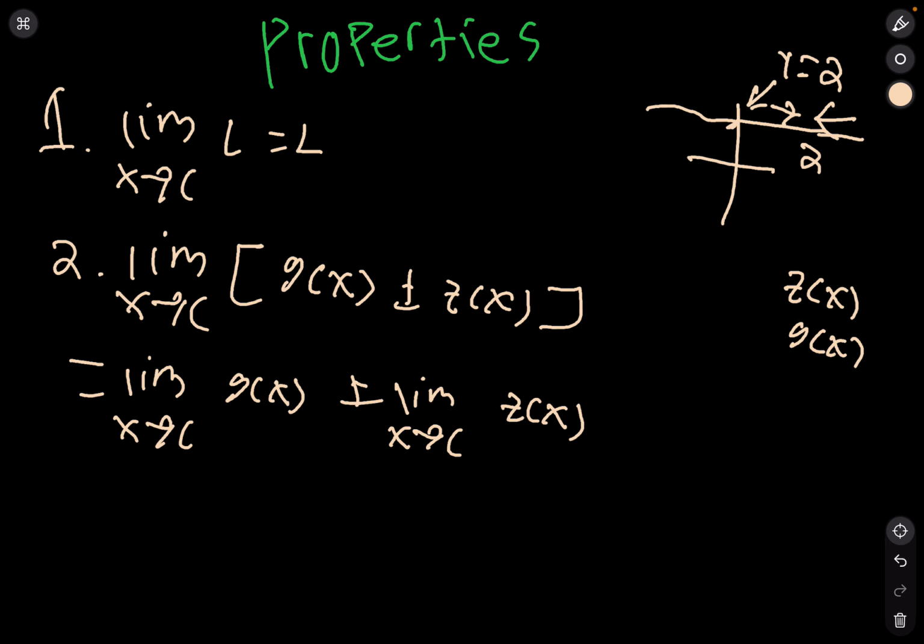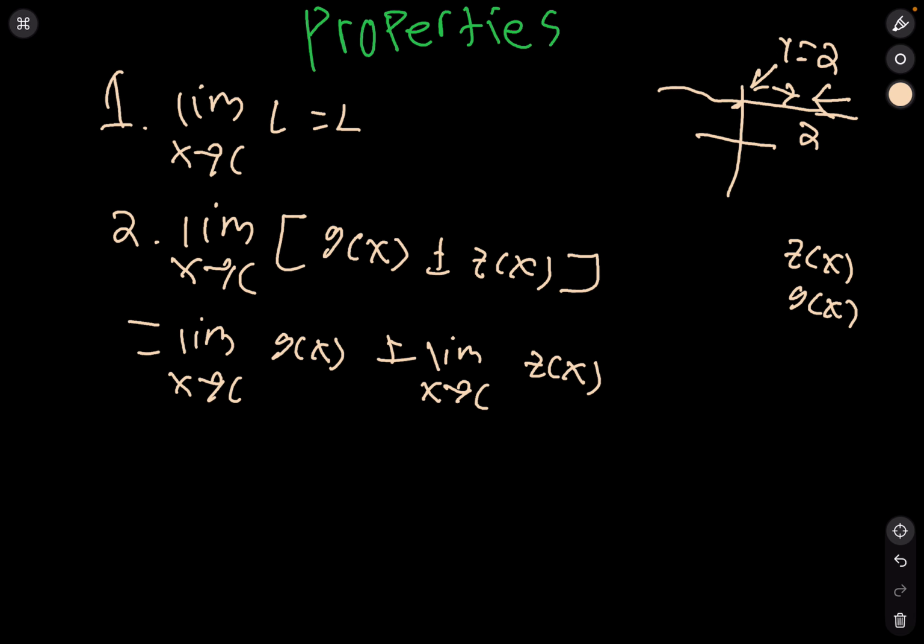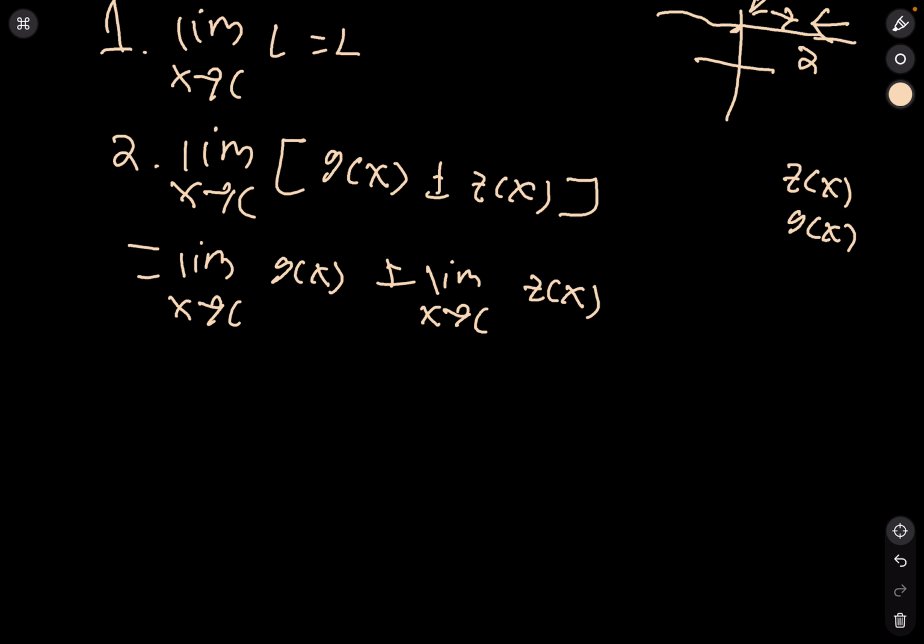The reason is that you can just separate the two, get the limits, and then add up to the numerical answer. And the same actually goes if you multiply them.